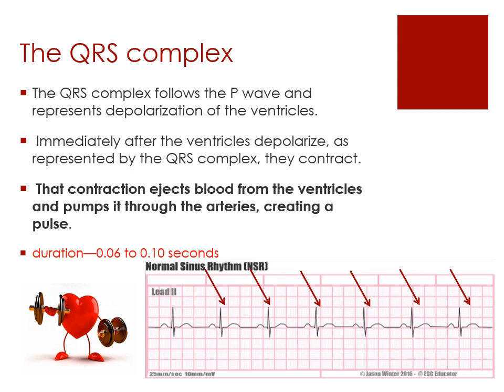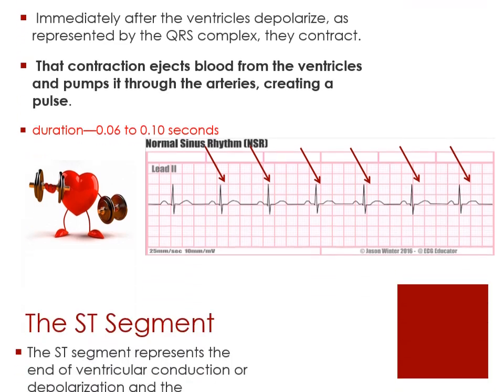So when the QRS complex happens, we're sending blood through the semilunar valves, so the AV valves have to be closed. So you don't see the P wave relax because it's buried in the QRS complex. But that is when the atria will relax or repolarize.